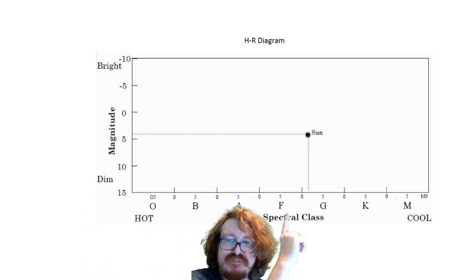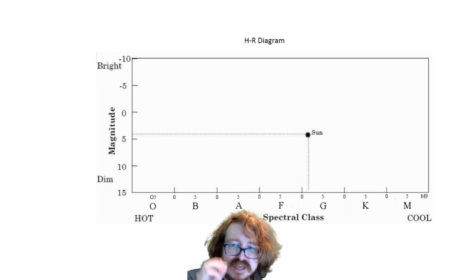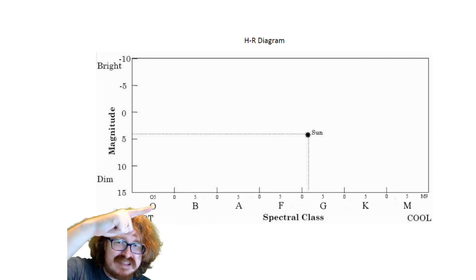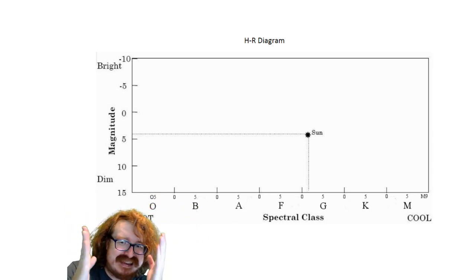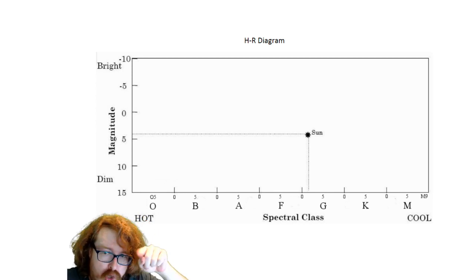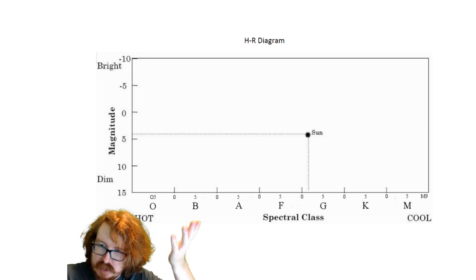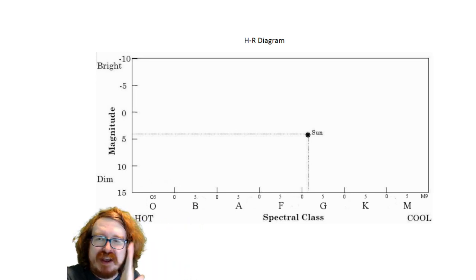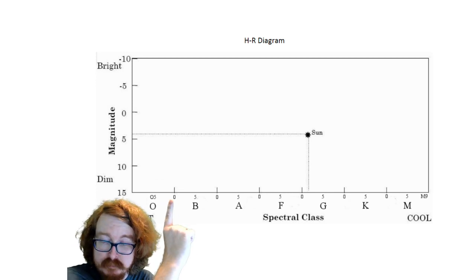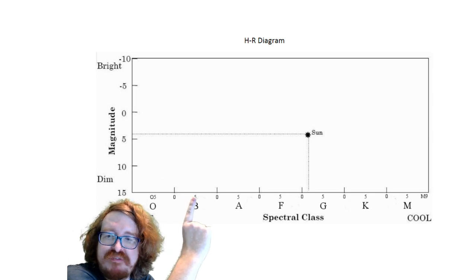And there's a lot more temperatures that stars can have, right? So what we do is we break up each one of these letters into 10 numbers. So there's an O0, an O1, an O2, an O3, an O4, an O5, and so on, all the way up to O9. And then you have B0, B1, B2, B3, B4, B5.